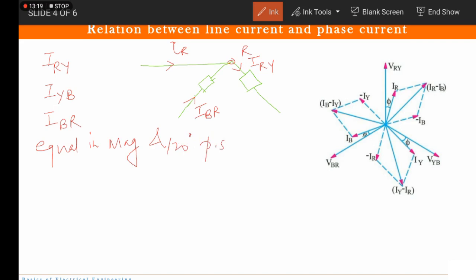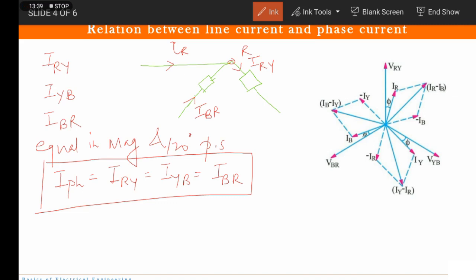Correct? So I can say that the phase current is equal to IRY, which is equal to IYB and which is equal to IBR. This is important, right?